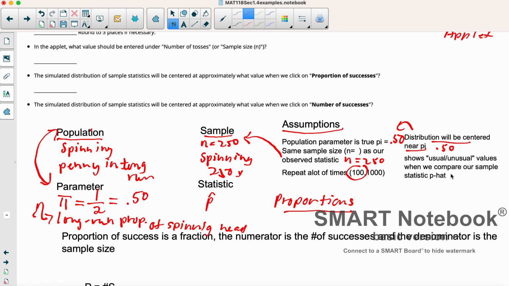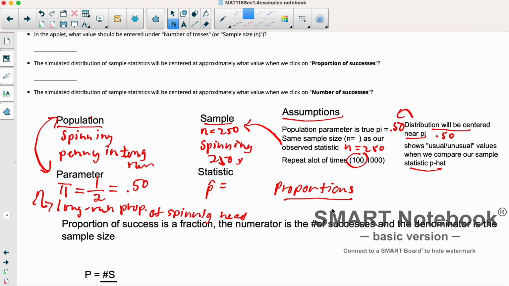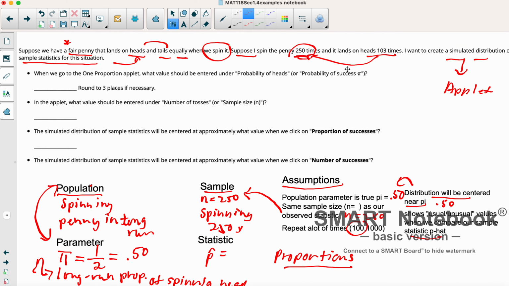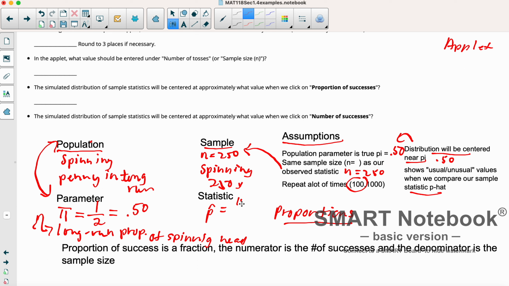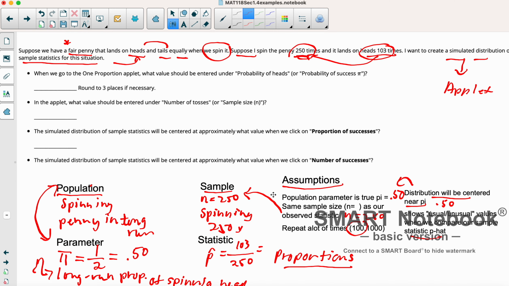And then we want to compare our sample statistic, our p hat. What's our p hat? Let's put it here. P hat is the proportion of success. Well, we got heads, that's my success, 103 times out of 250 spins. That's my p hat.